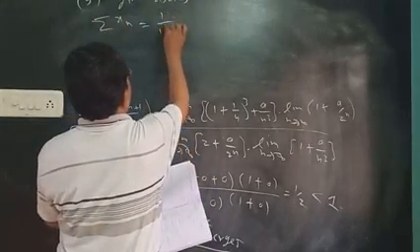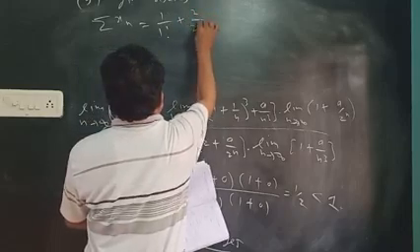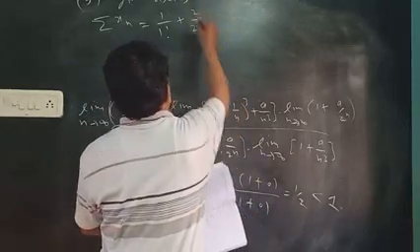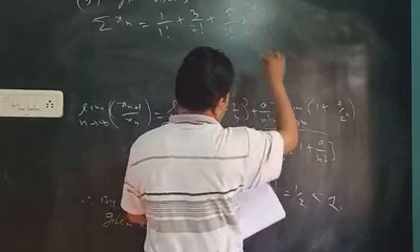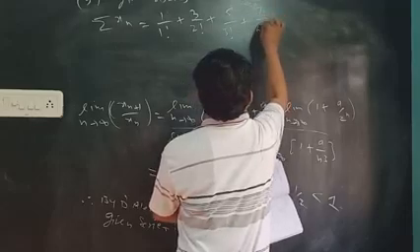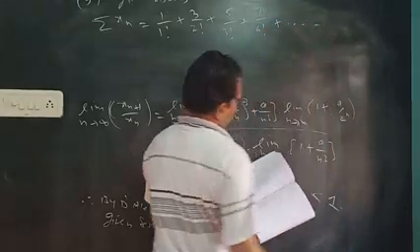Second series: 1 by 1 factorial, 3 by 2 factorial, 5 by 3 factorial, 7 by 4 factorial, and so on.